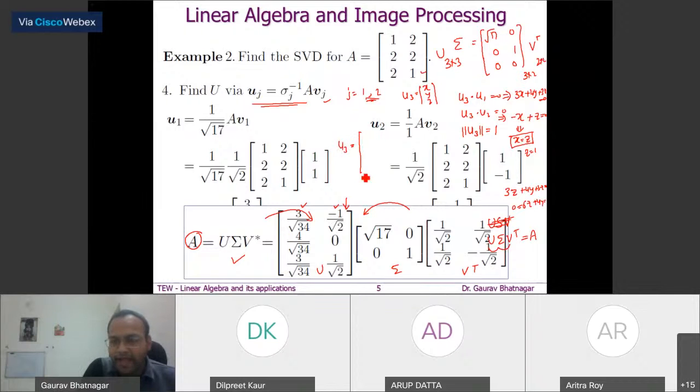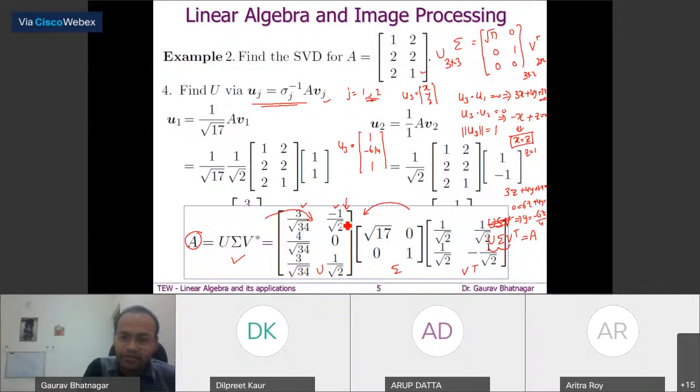U3 is going to be what? X is Z, so it is going to be 1. The value of Y, from this equation, says Y is equal to minus 6Z by 4, so it's going to be minus 6 by 4. Now you need to check whether the length of this vector is 1 or not. If it is not 1, just divide by the norm of U3.